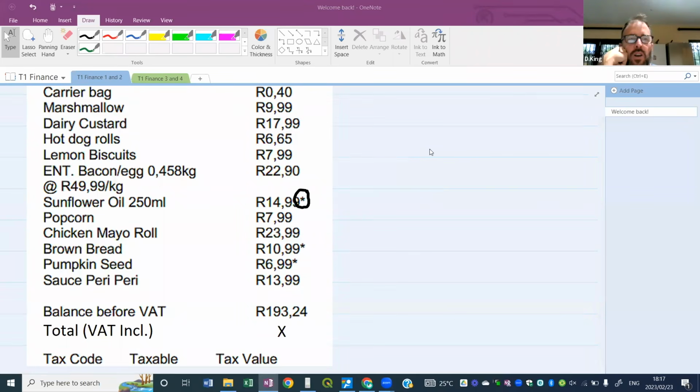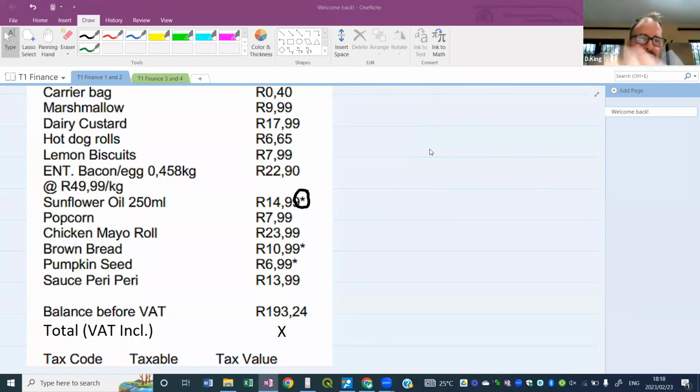I think, in fact, a can of pilchards, those like Glenrick pilchard cans, are also zero VAT rated. Samp, maize meal. I don't know if rice is on the list. Maize meal is definitely on the list. So basic foodstuffs: everyday basic food items a basic family could buy are zero VAT rated.